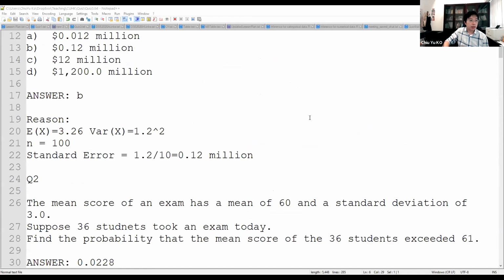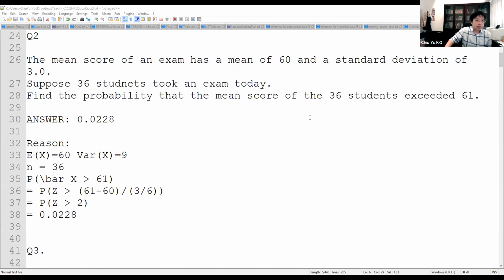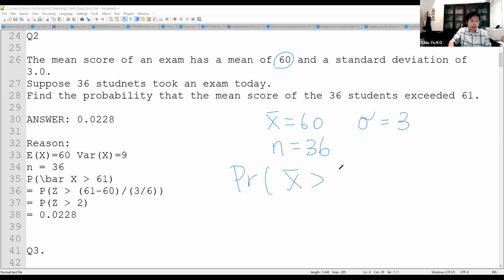So the second question is: the mean score of the exam is 60, so the mean is 60, with a standard deviation of 3, and n is 36. It asks for the probability that the mean score is bigger than 61.